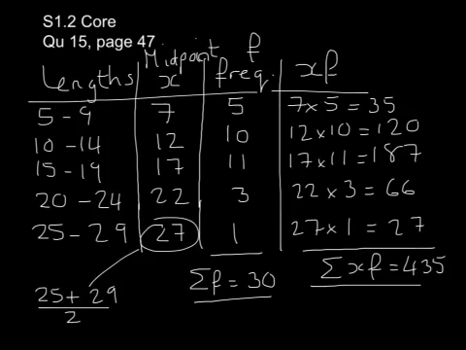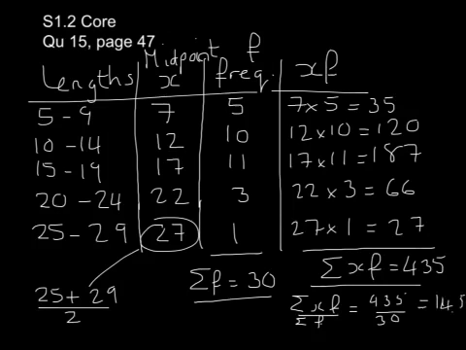And just as we did before with the grouped frequency data, when we just had the exact number of lengths, we took this sum of XF and divided by the sum of F. So to finish off, we're going to do the sum of XF over the sum of F. So we get 435 divided by 30, which makes 14.5.